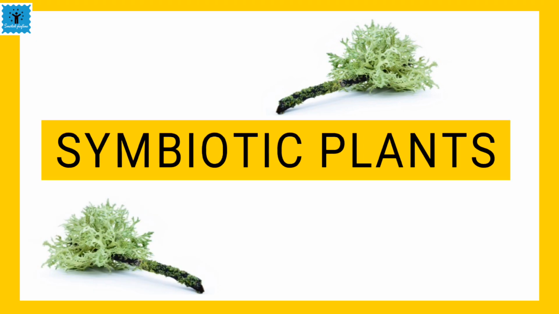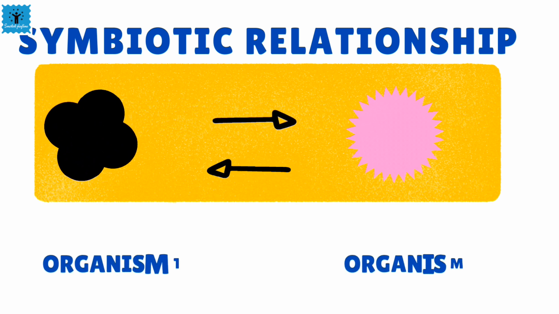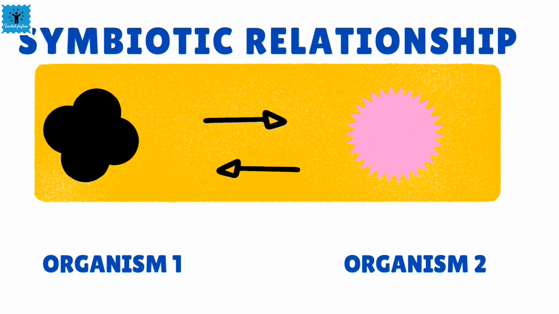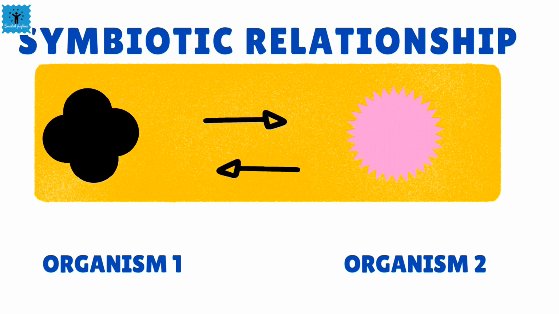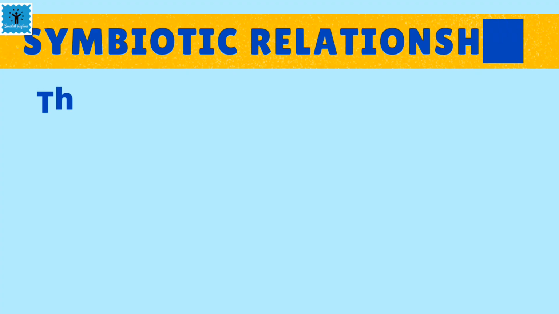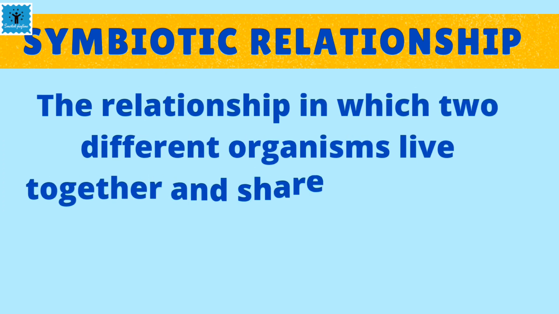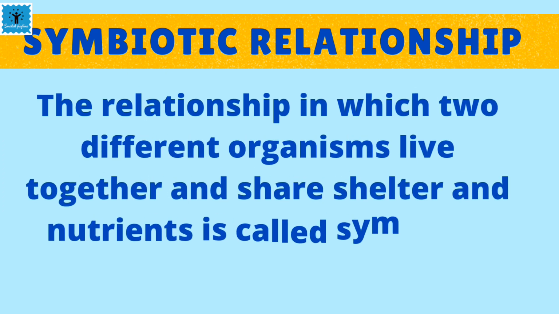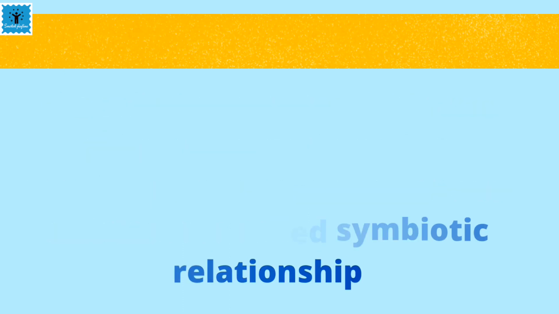Fourth category is symbiotic plants. Sometimes two organisms live together and help each other in obtaining food and shelter. The relationship in which two organisms live together and share their food and shelter is called symbiotic relationship or symbiosis.